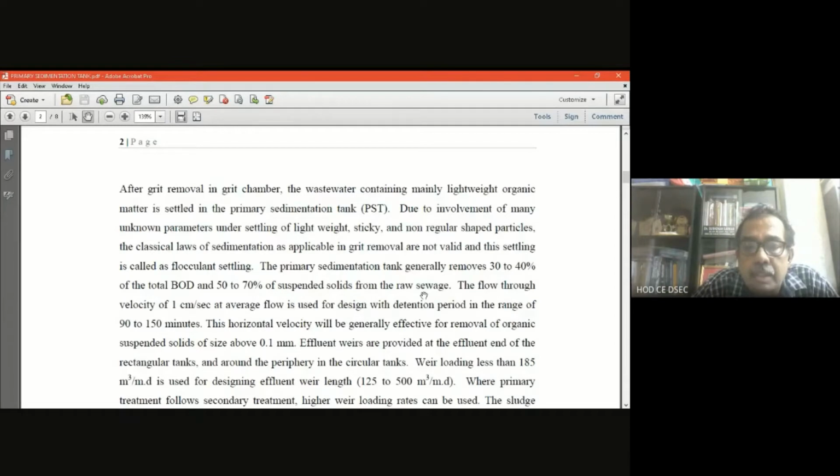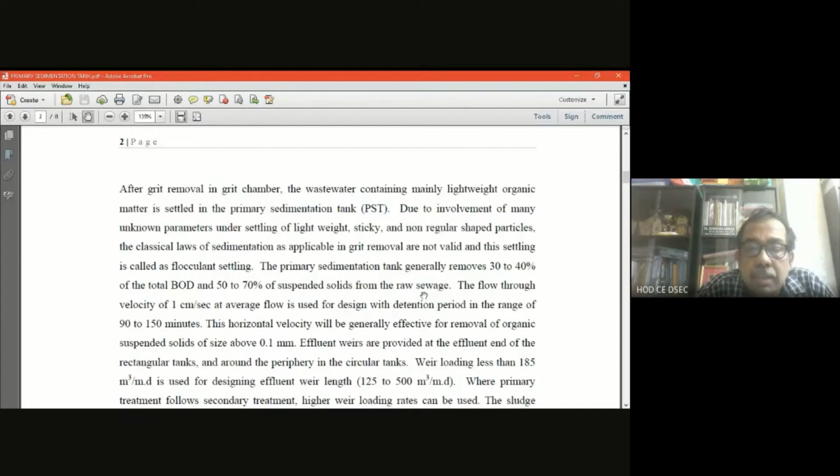Now we will discuss the next treatment process in wastewater treatment, which follows the grit chamber, that is the primary sedimentation tank (PST). Now, this wastewater contains mainly lightweight organic matter, which is settled in the primary sedimentation tank.